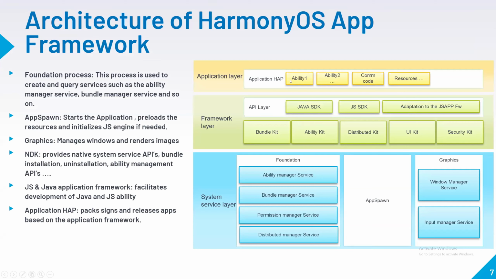We saw in the video how the ability slices, FAs, PAs are all working. Ability is nothing but a single view of the device that has the capability of performing a task. The ability can have a UI and need not have a UI. So this is more about the application, and we will go into detail on it.